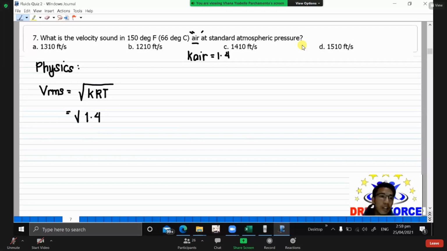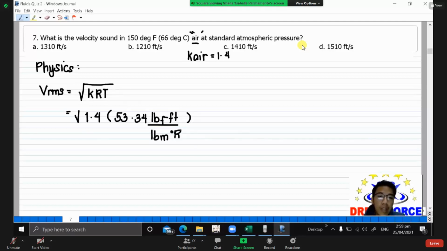Okay, gamitin natin yung R. Yung nasa choices natin naka feet per second. So gamitin natin yung R from your thermodynamics din na subject ninyo. Yung R ng air natin, we have 53.34 pound force feet per pound mass degree Rankine.